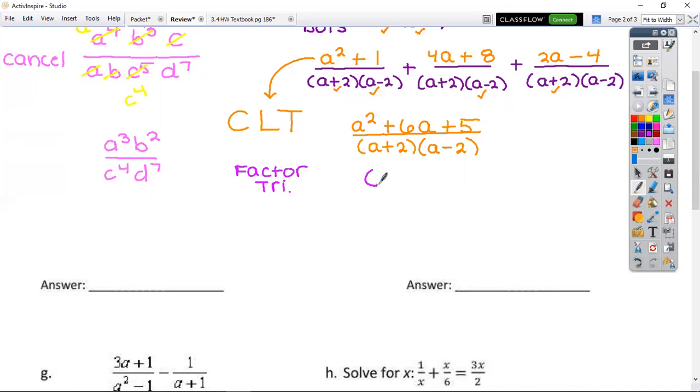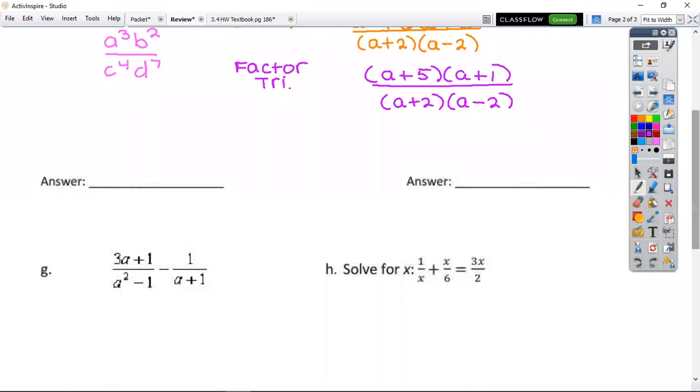Multiplies to 5 adds to 6 is going to be a plus 5, a plus 1, and then divided by my denominator, a plus 2, and a minus 2. So did that help at all? Unfortunately not, but you do have to take it to that step. Okay, so now it's fine. Nothing cancels, there's your answer. Leave it at that. All right, so all set.